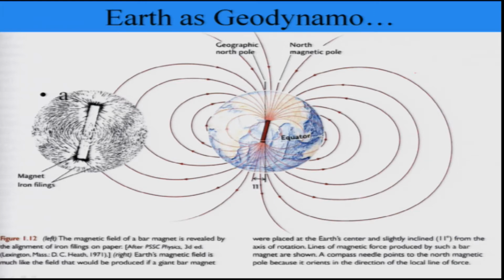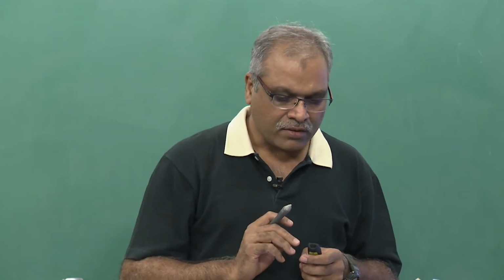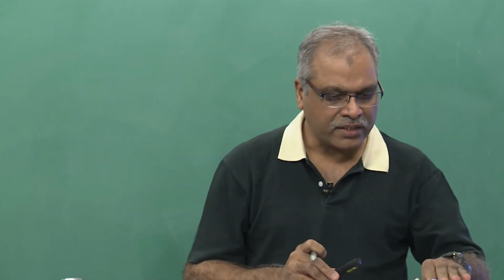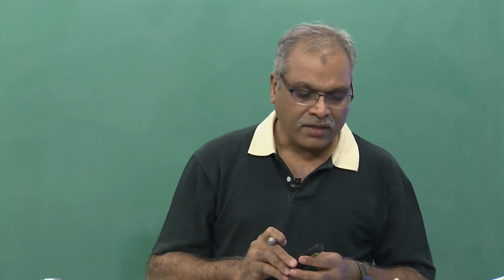Now moving ahead, this is the important part. This magnetic field, if you take the Earth, acts as a giant magnetic bar. One very important point is that this magnetic field goes far into outer space.